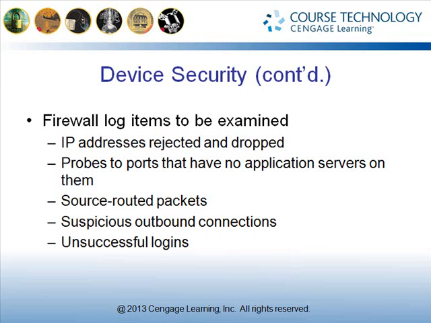For instance, it could list IP addresses that are being rejected and dropped, probes to ports that have no application services running on them, source routed packets, suspicious outbound connections, and unsuccessful logins. This is all information that could be contained on a firewall hardware log, and it could be helpful to us.